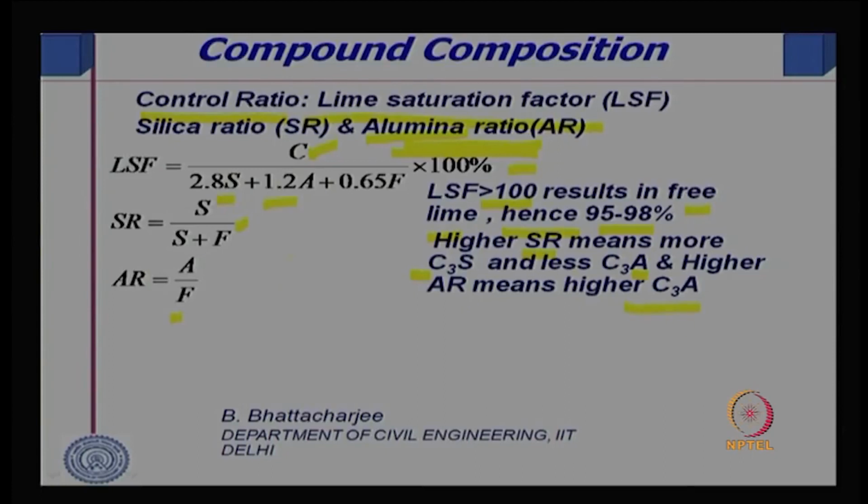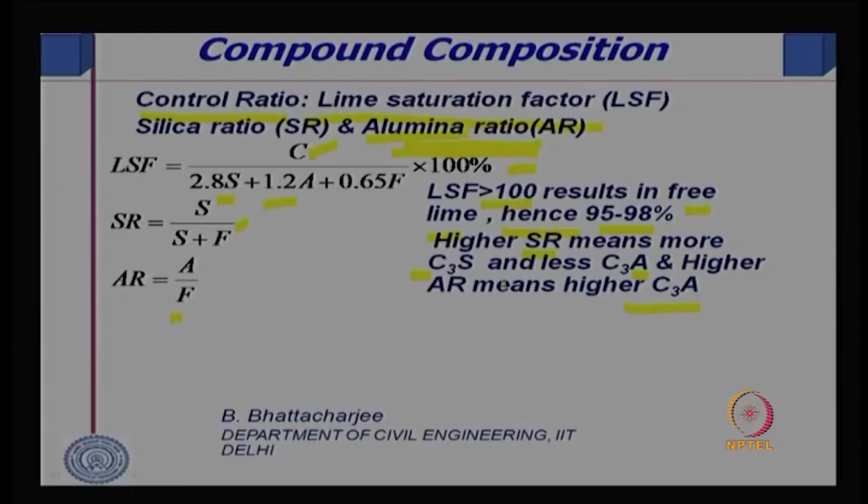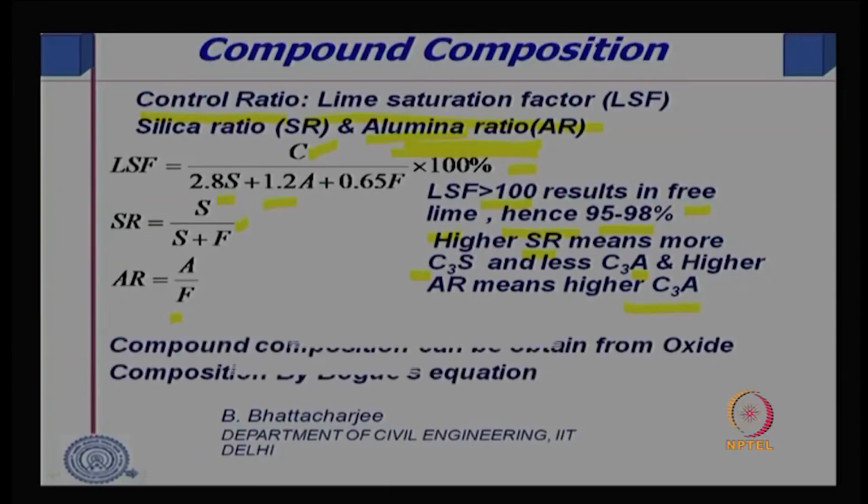So, supposing I control these proportions, then I can control the oxide composition, and I should be able to control the compound composition in cement, and that would result in different performance. So, depending upon the performance or type of cement I want to obtain, I can control these ratios in order to get the appropriate compound composition of cement.